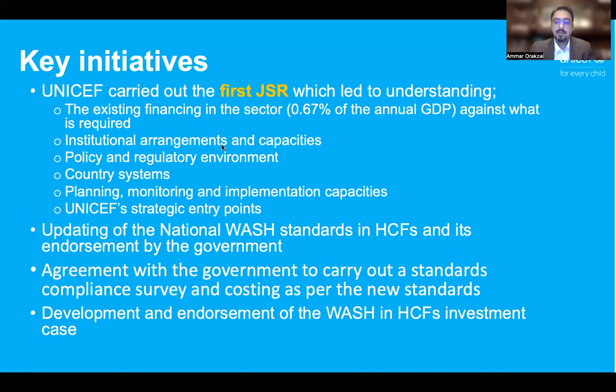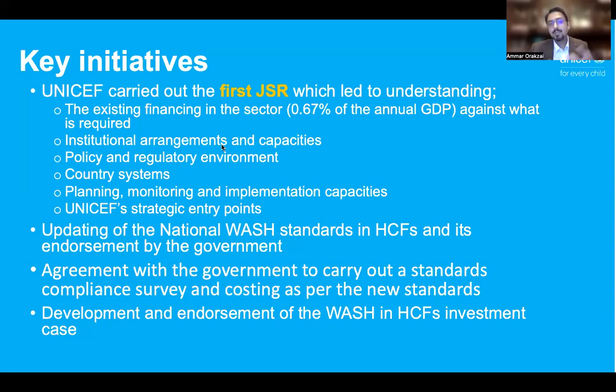So at that time, for UNICEF to really understand the issues and to really take strategic steps, we initiated working on a joint sector review, which was basically a sector-wide review of understanding the picture, looking at various components of it, starting with financing in the sector.